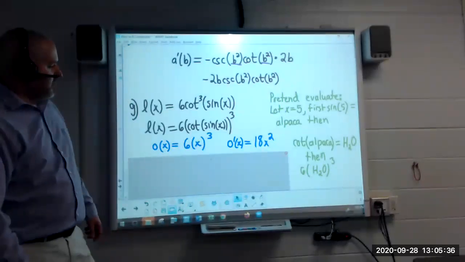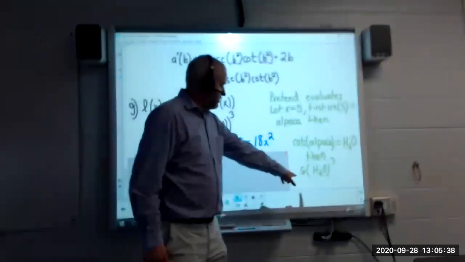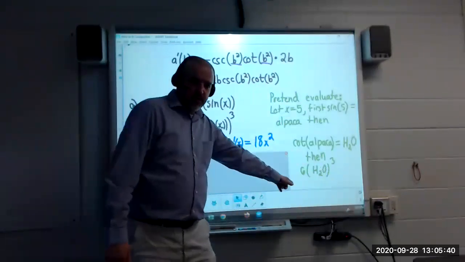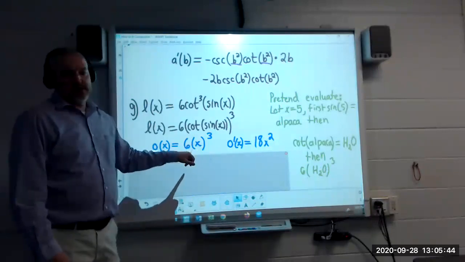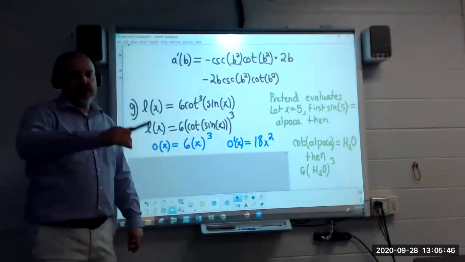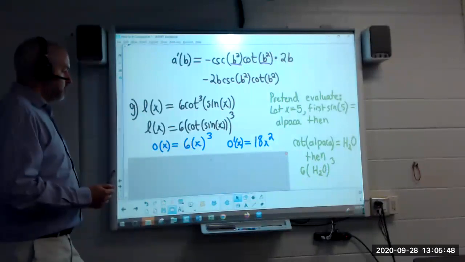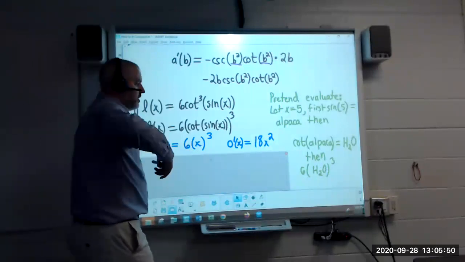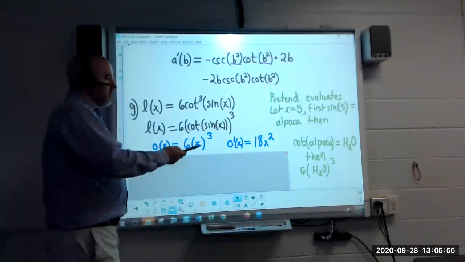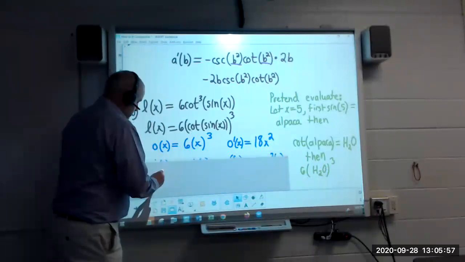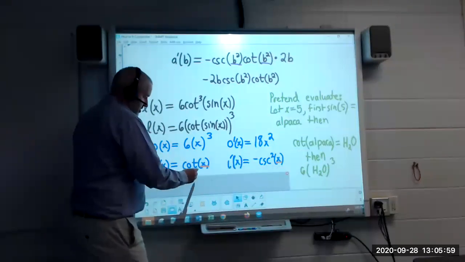So we have the last thing, that is the outermost layer. So that's 6 times, I'm calling it x, being cubed. And I need the derivative of 6x cubed, which is 18x squared, okay? What was the next level? So what did we do before we did all that stuff? We did the cotangent. So the next level is the cotangent.